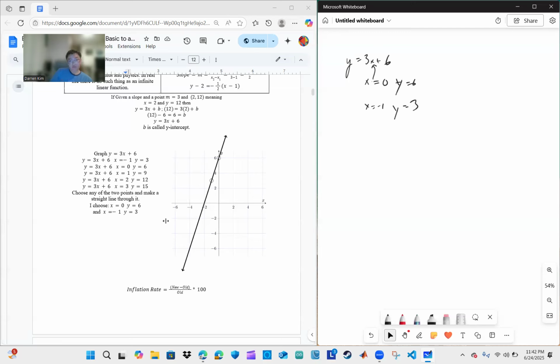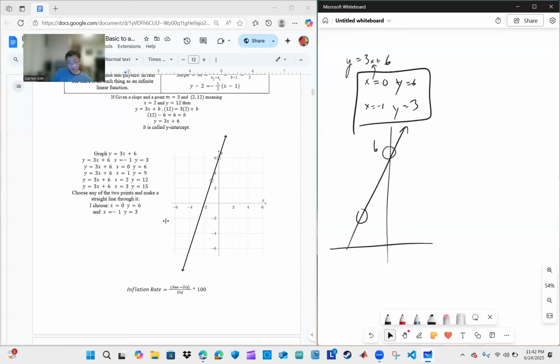These two points are enough to define any linear line like this. So 2 points always define a linear line. Remember that.